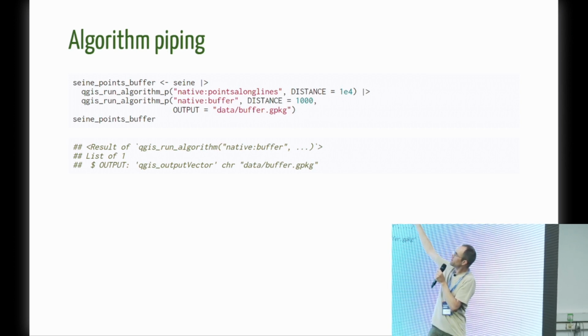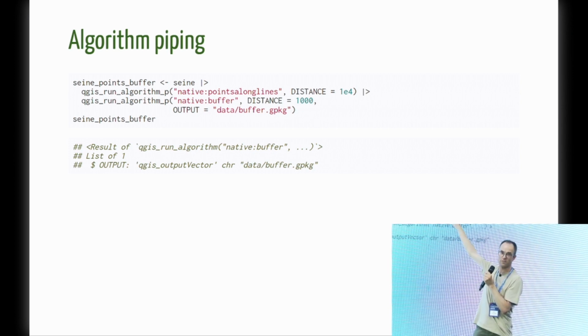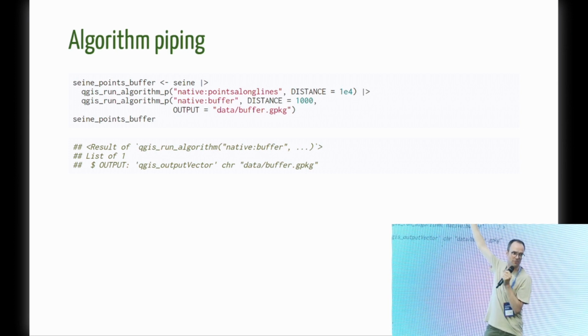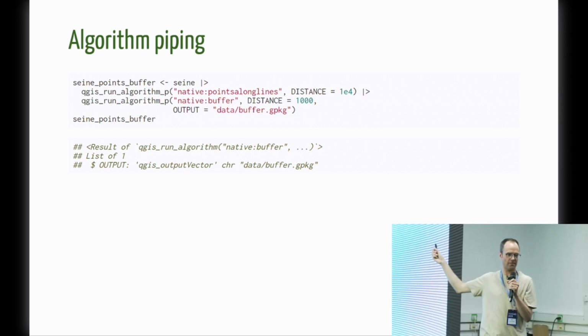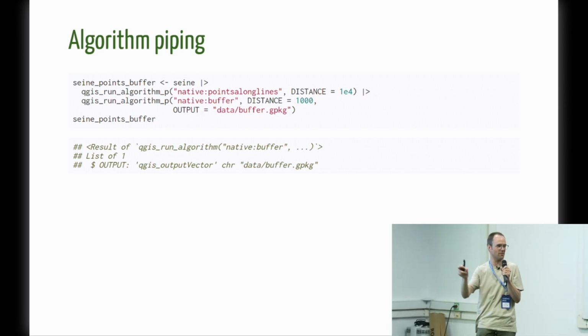In the second step, where we will make a buffer around these points, by default, it takes the output element. That's what I want to say. And in case it needs something else, you can pass it. You can give an argument, select another object.